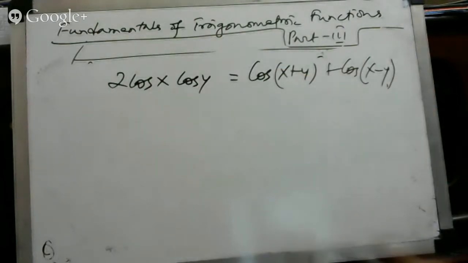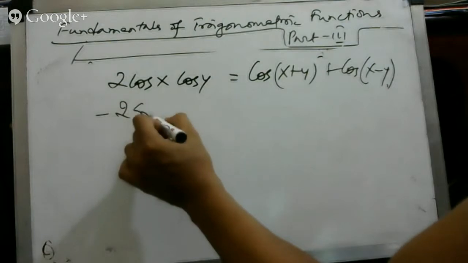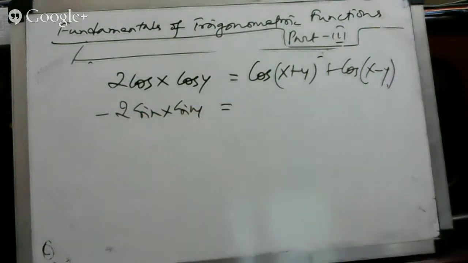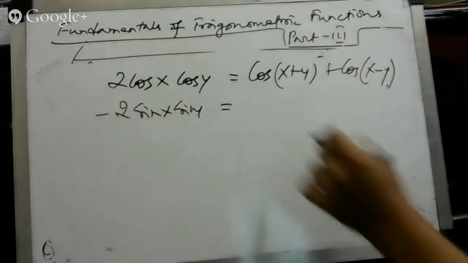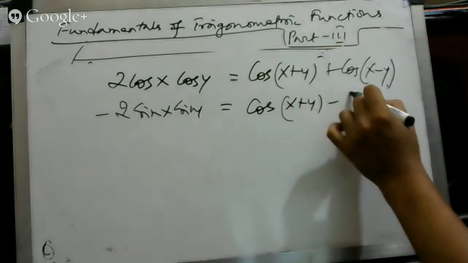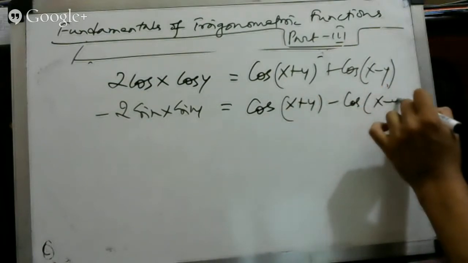And similarly, we can also prove 2 sine x sine y is equal to cos of (x plus y) minus cos of (x minus y).